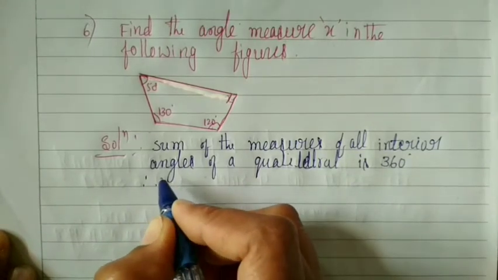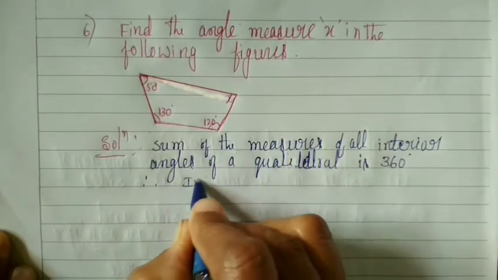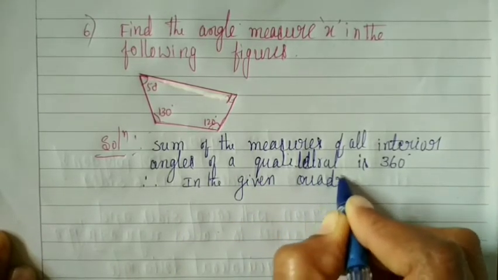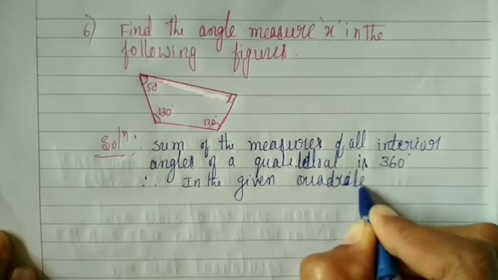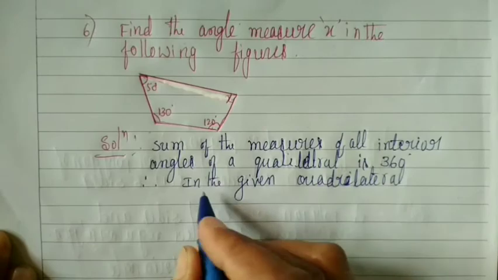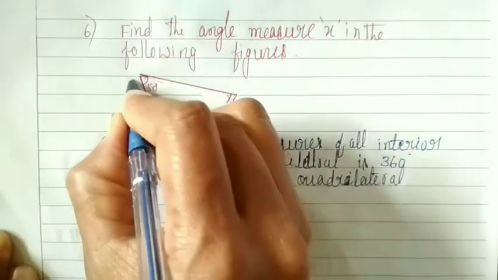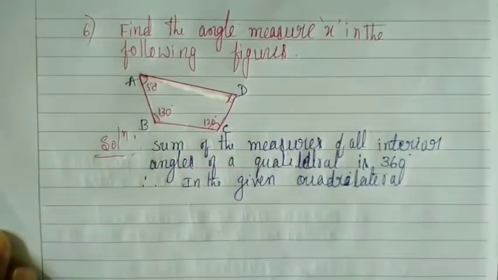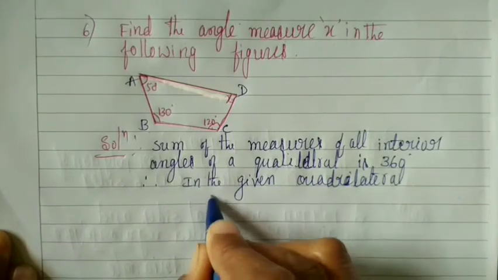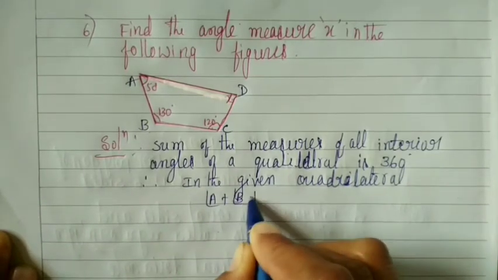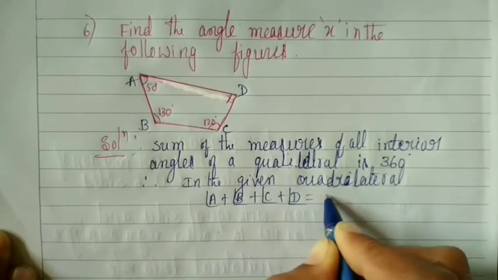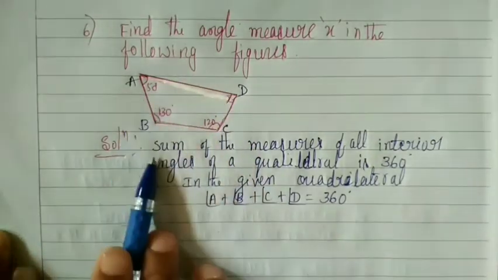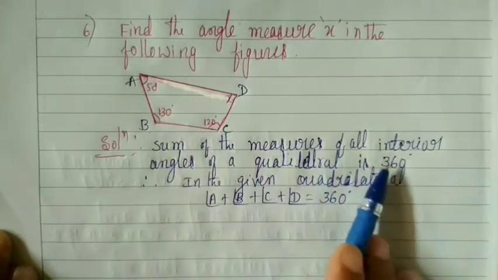Therefore, in the given quadrilateral, we take A, B, C, D. So, first we take angle A plus angle B plus angle C plus angle D is equal to 360 degree, because the sum of measures of all interior angles of a quadrilateral is 360 degree.